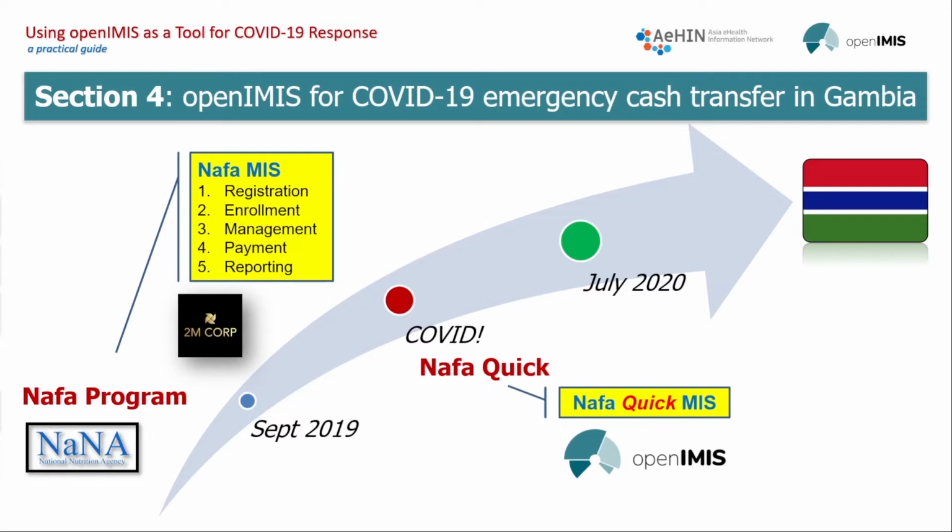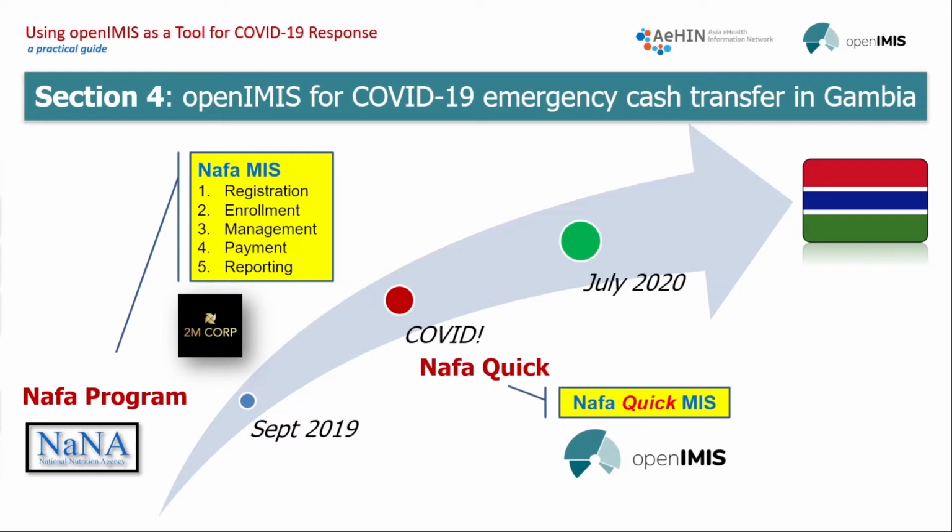Hence, 2M Corp decided to utilize open source technology whenever possible rather than, quote, reinventing the wheel, unquote. openIMIS has been implemented and working elsewhere. 2M Corp researched existing open source systems doing something similar, which led them to openIMIS. And the third reason was that openIMIS had available technical and community support.